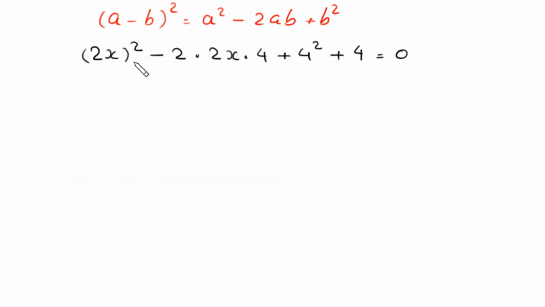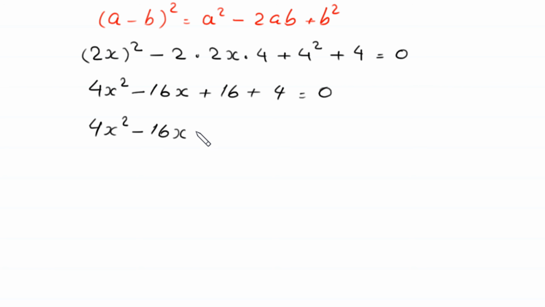Now this (2x)^2 is 4x^2, negative 2 times 2x times 4 is negative 16x, plus this 4 squared is 16, plus this 4 is equal to 0. Next, 4x^2 - 16x + 16 + 4 = 20 is equal to 0.